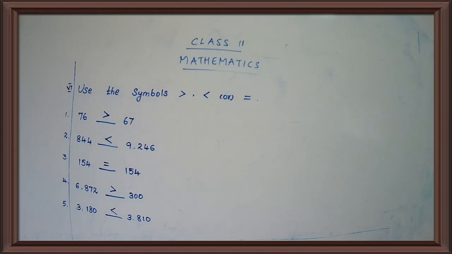A 4-digit number is greater than a 3-digit number, so the right side number is the greatest. So we have to use the less than symbol. 844 is less than 9246.